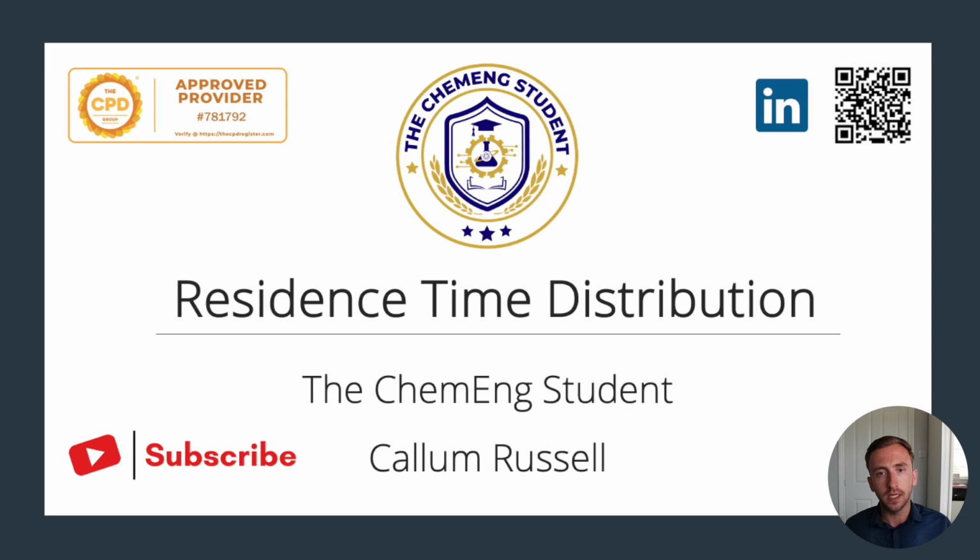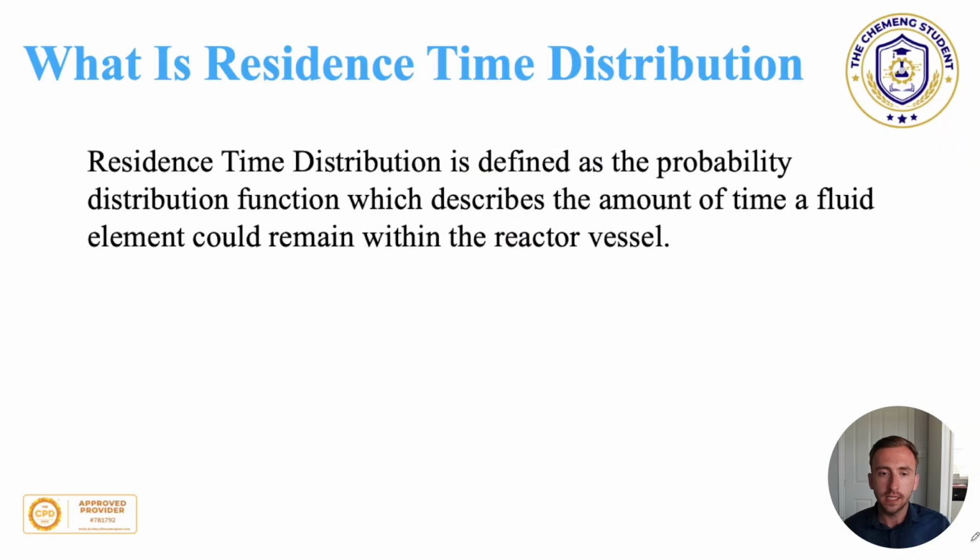In this lesson we're going to take a look at the residence time distribution functions for advanced reactor design. So the residence time distribution, sometimes termed the probability distribution function, is a function which describes the amount of time a fluid element could remain within the reactor vessel.